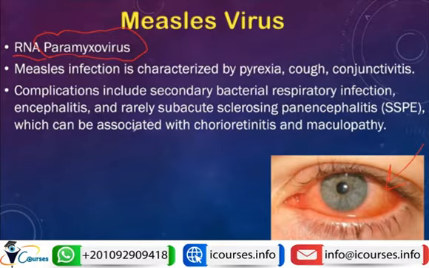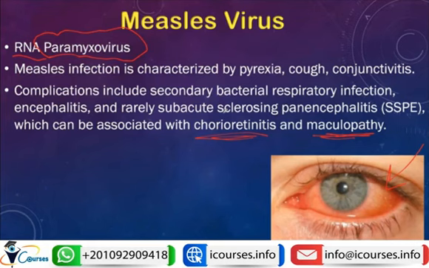The complications of this infection can lead to respiratory infection and encephalitis, and rarely subacute sclerosing panencephalitis, which can sometimes be associated with chorioretinitis and maculopathy. So this is not a very common ocular pathogen, but it can be associated with severe infection with measles.